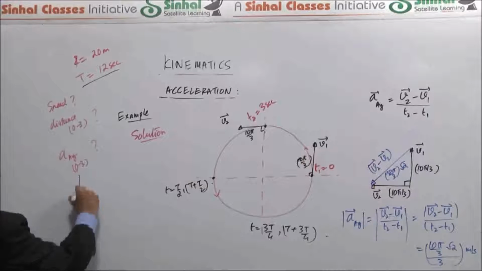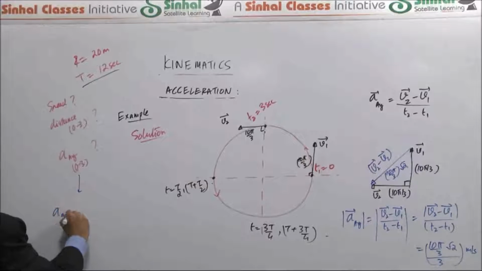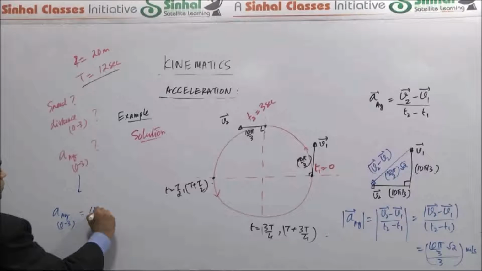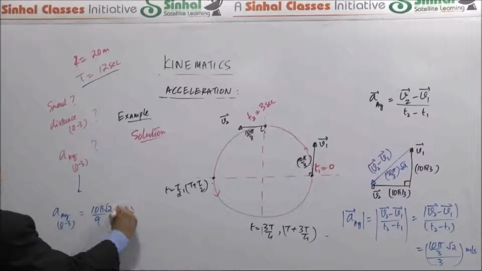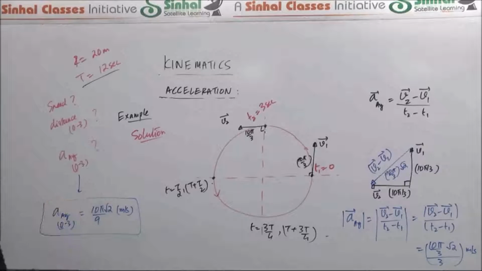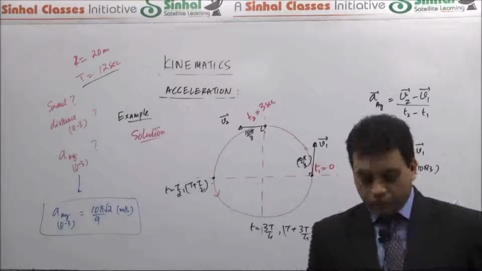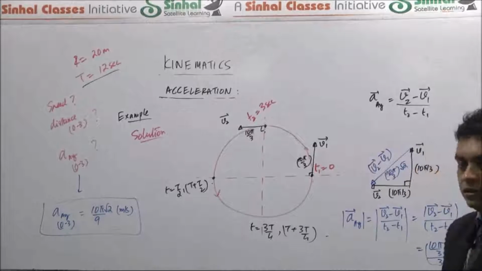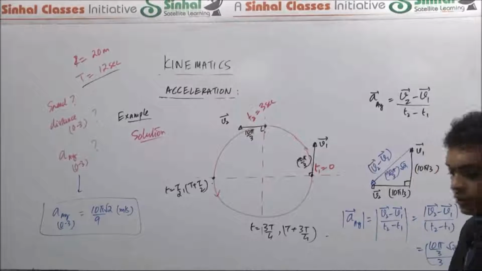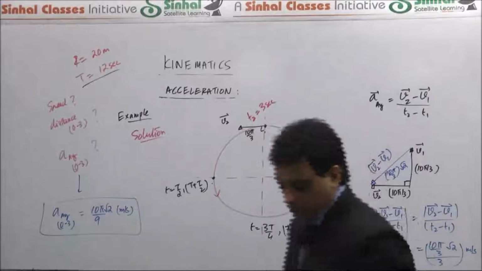So as you can see, the average acceleration from 0 to 3 seconds would reduce to that much. Right, so just take a minute to note that down and absorb that information, and we can move to the concept clearing problems after this.